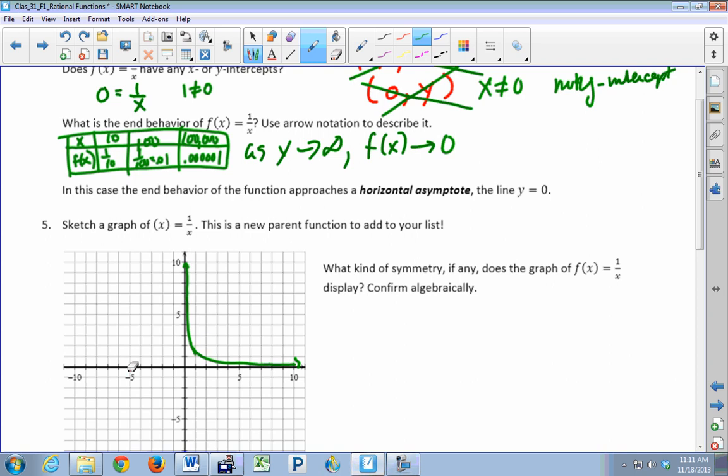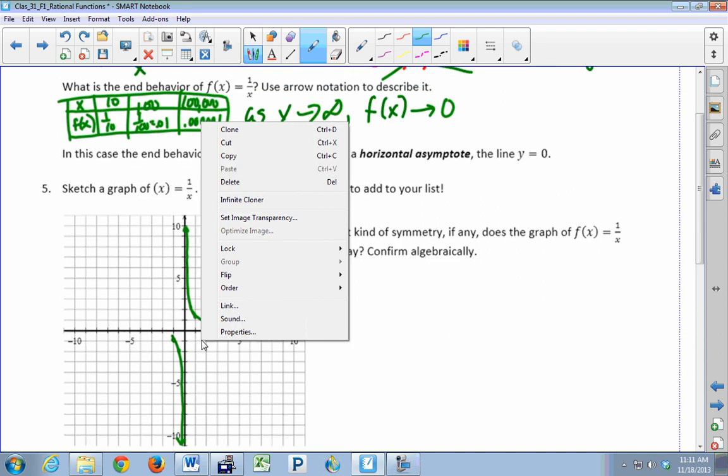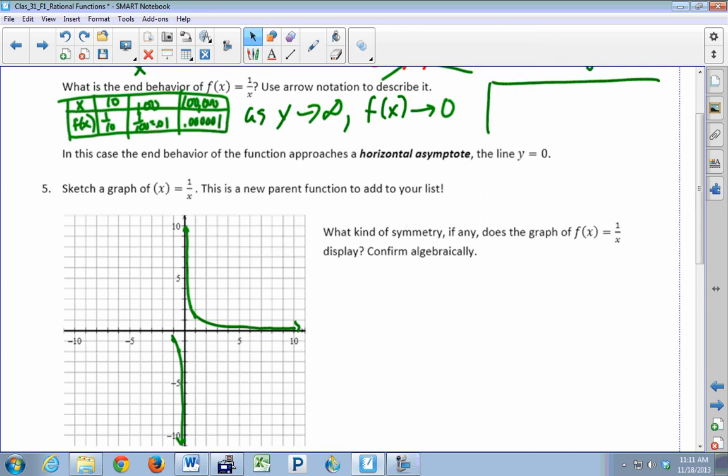Okay, so now let's look at the other side. We know we were at -1, -0.5, -2, and as we approach 0 from the left, we were going close to that y-axis. Now let's see what happens as x gets really small. So let's do a table for that. X, f of x. If x is -10, we're at -1/10.